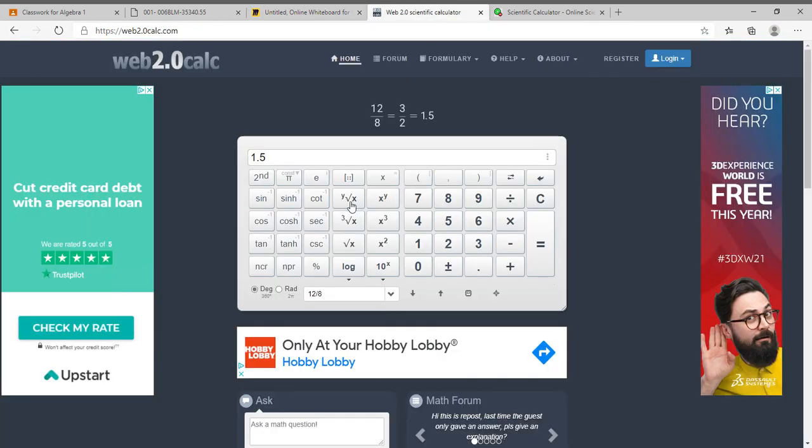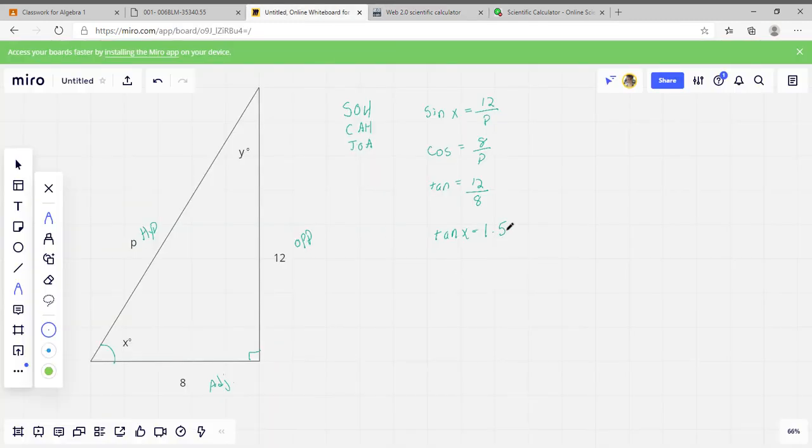So if our tangent is 1.5, then we need the inverse tan, and that's 56.31. So x equals 56.31. If x equals 56.31, we know x plus y has to be 90.